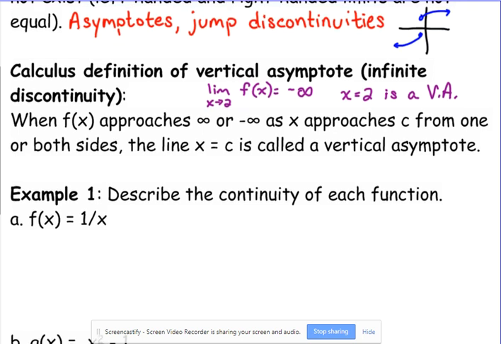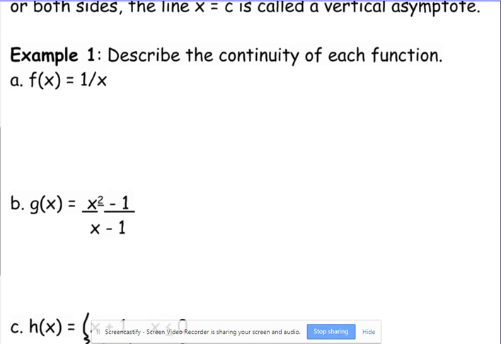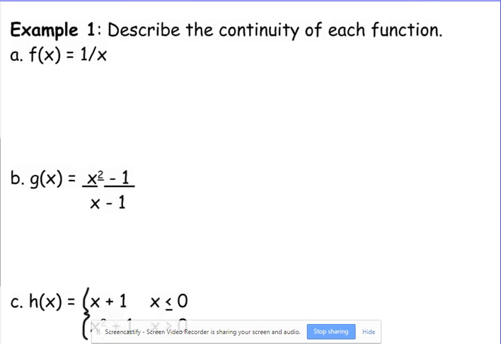All right, so let's talk about the continuity of each of these functions here. The first function, f of x equals 1 over x. It's a rational function. We should be thinking holes and asymptotes.